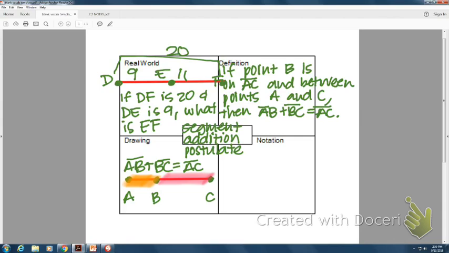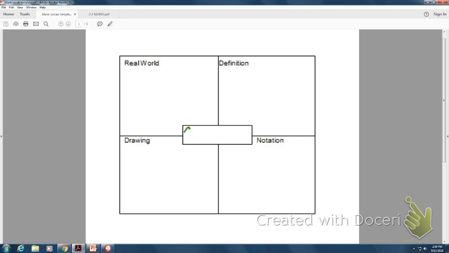Okay, last word. Angle addition postulate. It's very similar.